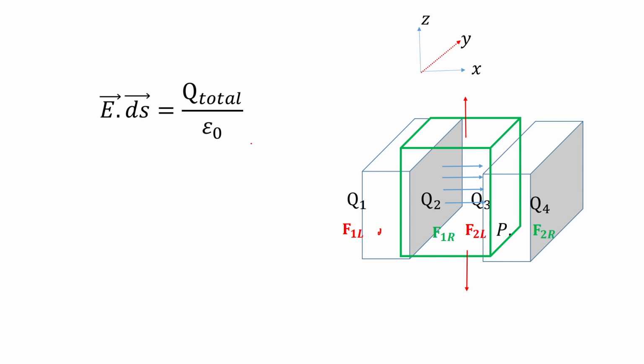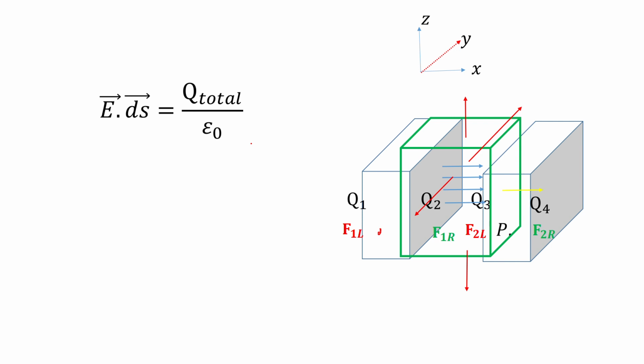Similarly on the backward face, the ds will be along the positive y direction, so again E dot ds will be 0. And for the front face, the outward normal is along the negative y direction, so E dot ds is again 0. Now consider the rightward face.